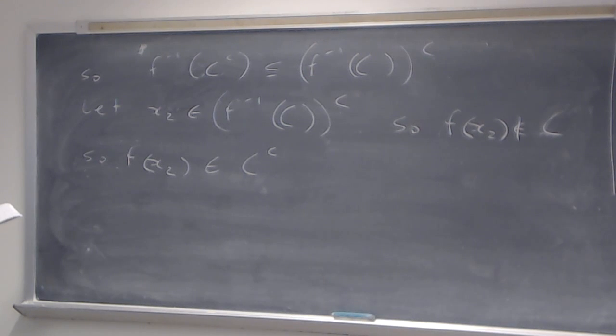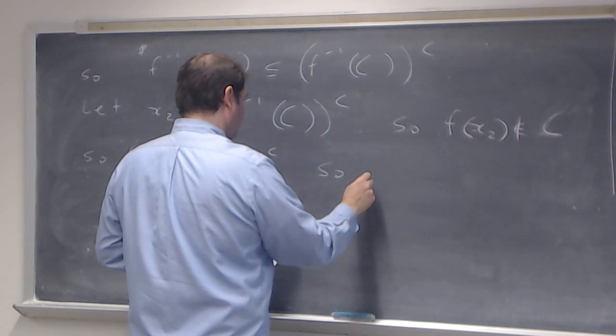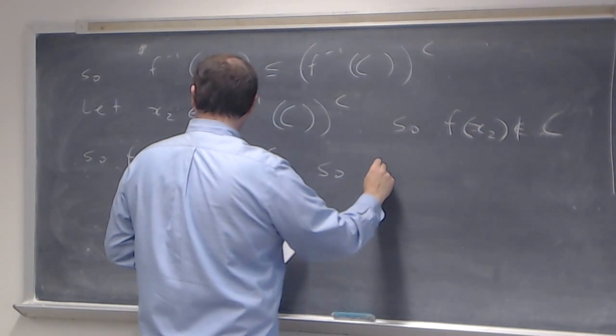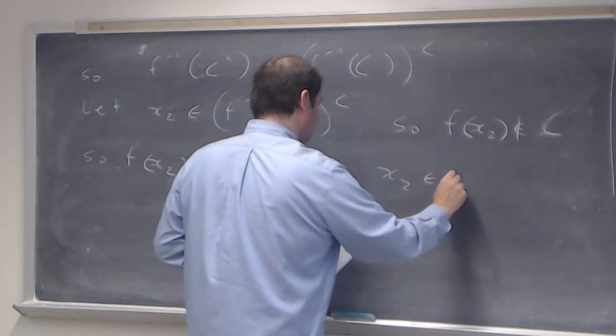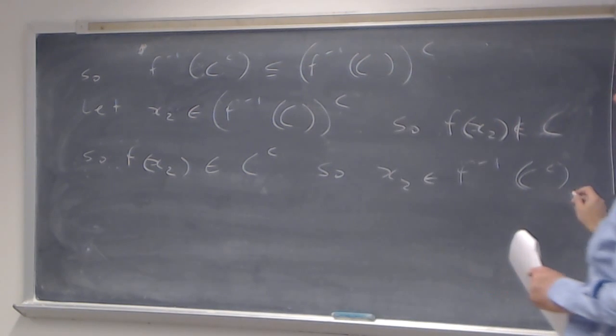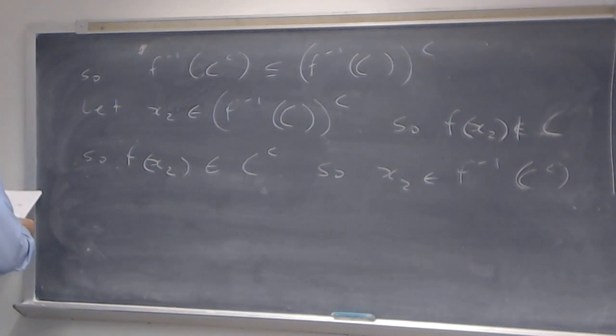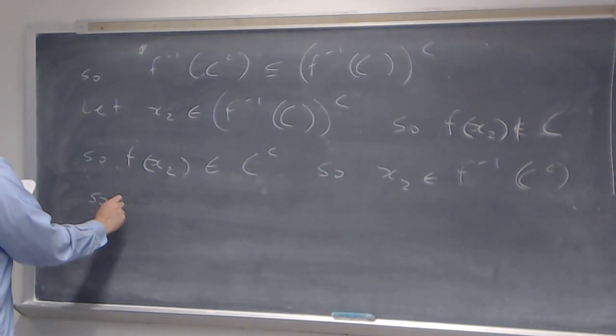Okay? So, what does that mean? That means that x sub 2 is an element of F inverse of C complement. And so we just got what we wanted.